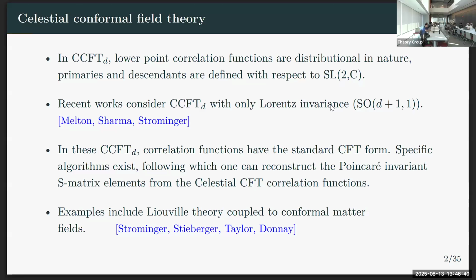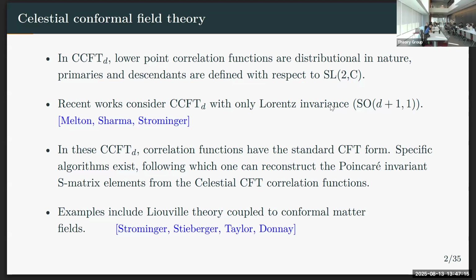To bring in the technology of AdS/CFT to non-conventional CFT, people have started considering celestial CFT with only Lorentz invariance, first introduced in the work of Mandal, Sharma, and Strominger.